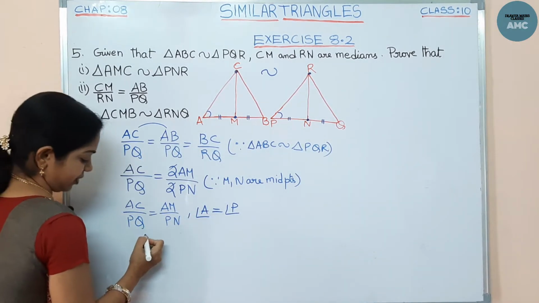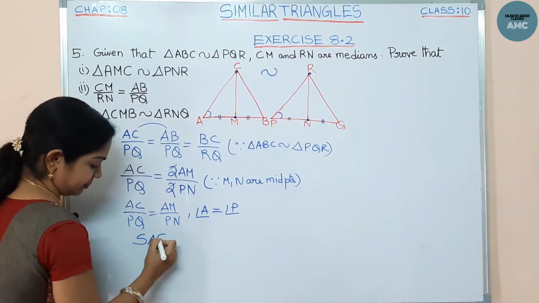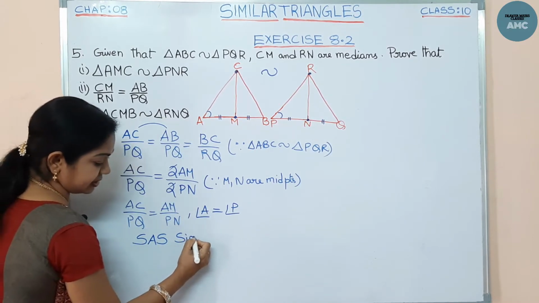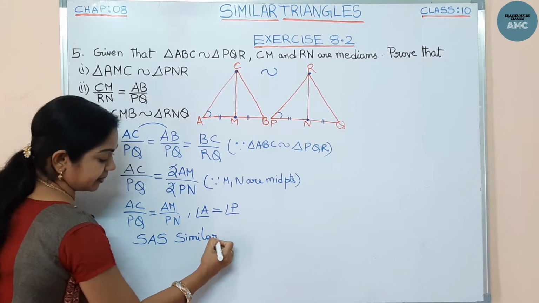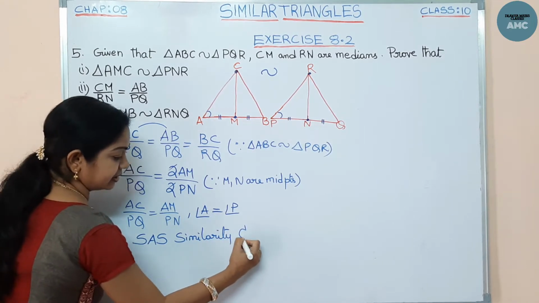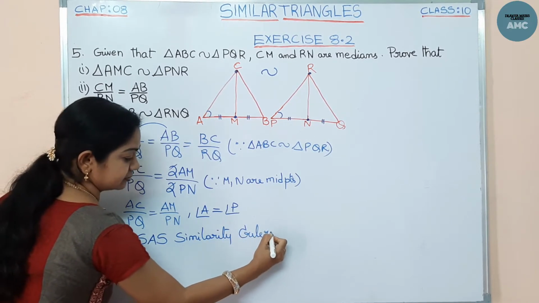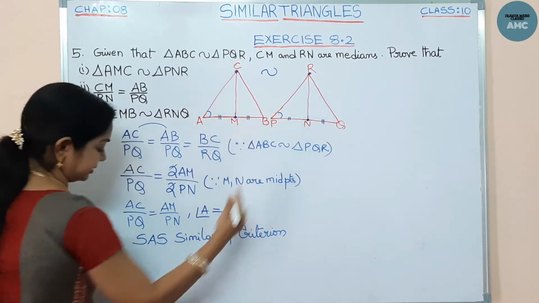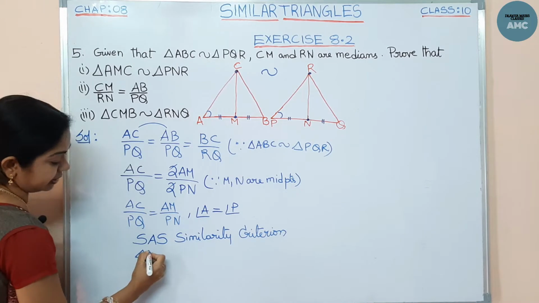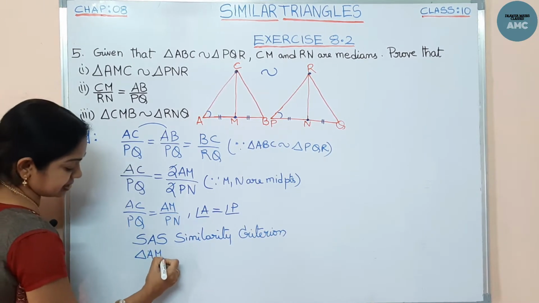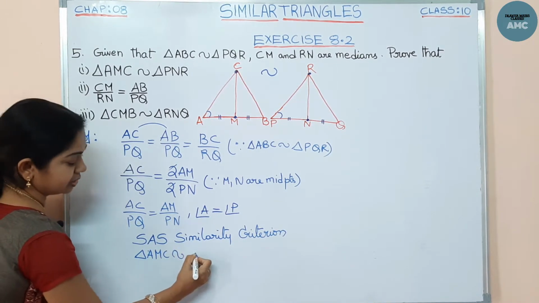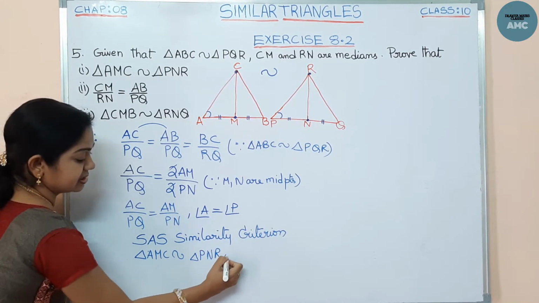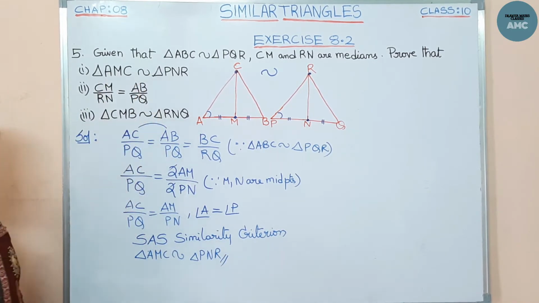That means from the SAS similarity criterion, side angle side, we can say that these two triangles are similar. So triangle AMC is similar to triangle PNR. This is the first one which we need to prove.